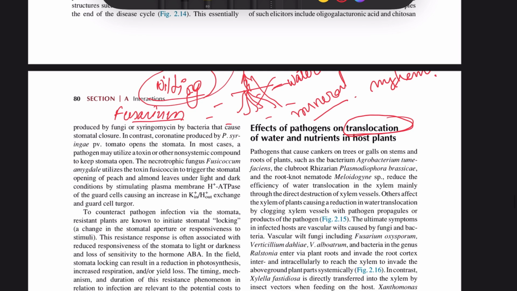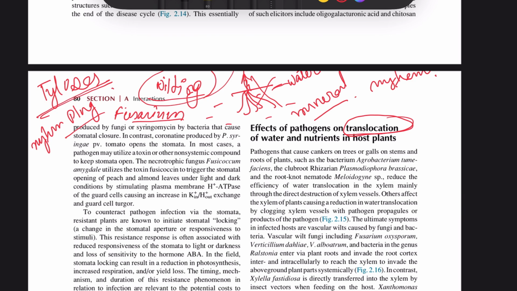Now, what can the plant do to defend itself? It can defend by forming tylosis. This is their defense strategy against pathogens that block the xylem vessel. So plants defend by forming this tylosis, which in normal sense we can call a xylem plug, or gums, or reinforcing tissues with lignin and suberin to stop the spread of that pathogen.